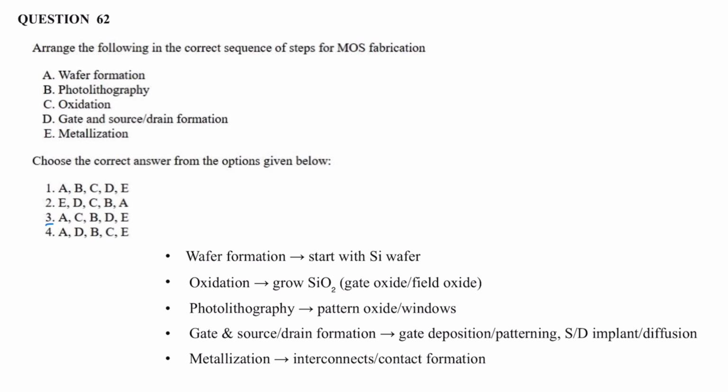In the question they have given wafer preparation, oxidation, photolithography, gate and drain source formation, and then metallization. As per the question, the correct answer is 3, A, C, B, D, E.